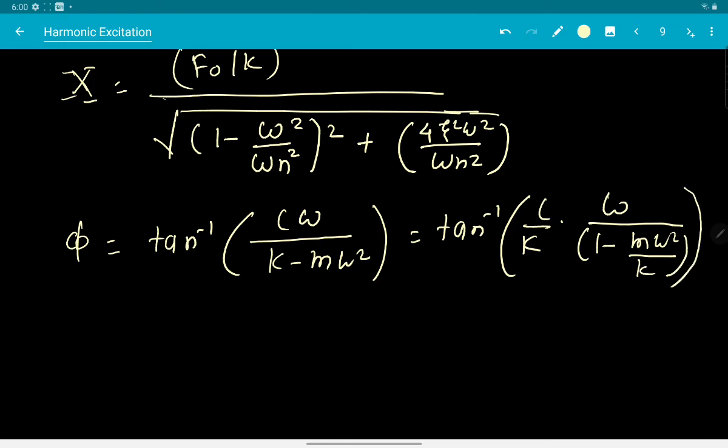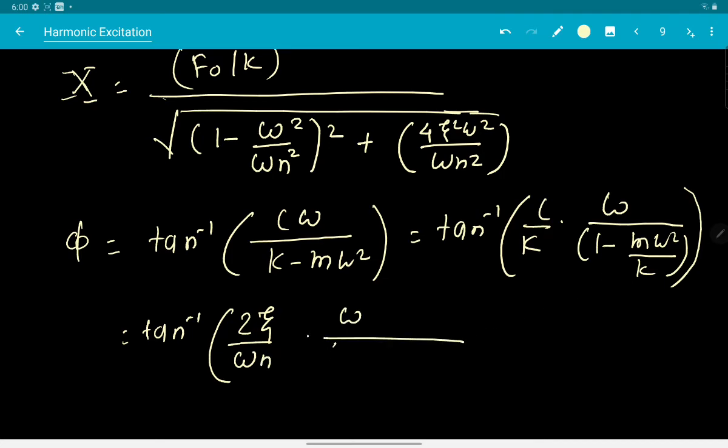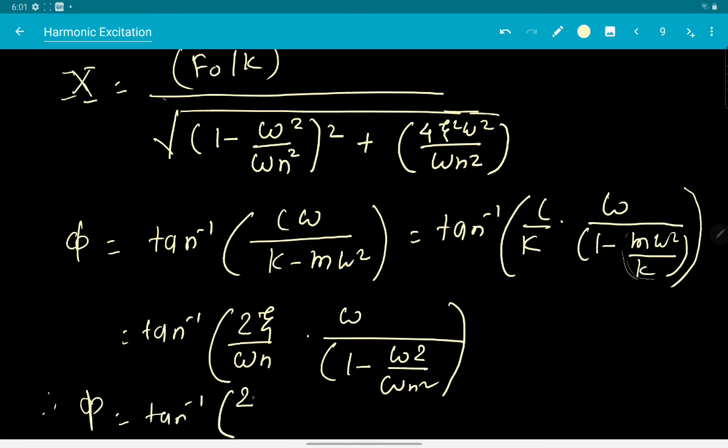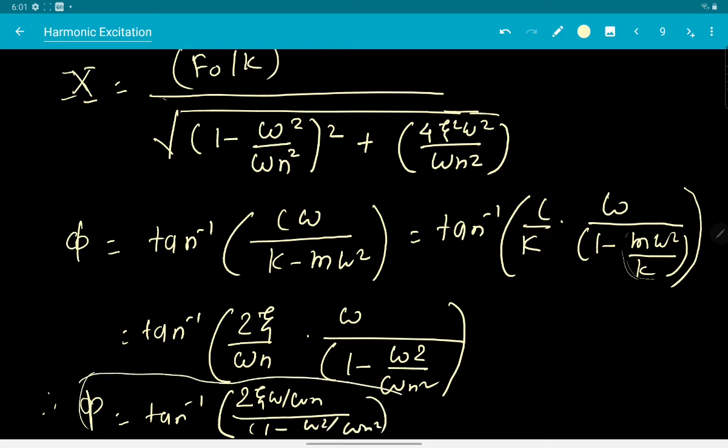C by k we already have derived, that is 2 xi omega n. You have omega over here, and 1 minus m by k is omega n square, hence it is omega square by omega n square. Therefore phi is tan inverse of 2 xi omega by omega n divided by 1 minus omega square by omega n square.